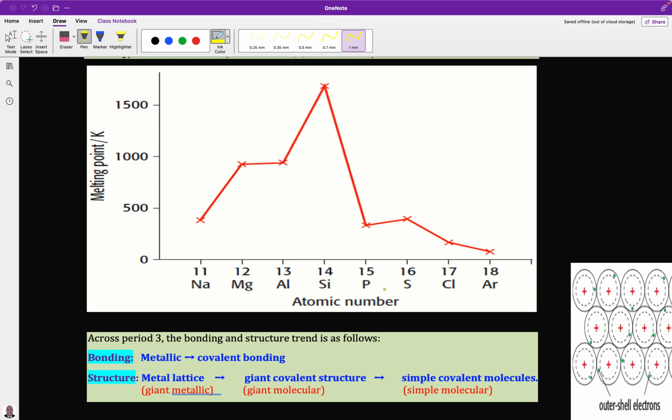So the boiling point will increase from sodium to magnesium and to aluminum due to increasing number of delocalized electrons, telling you that aluminum has a higher boiling point than magnesium, and magnesium has a higher boiling point than sodium. The reason is that each aluminum atom will donate 3 electrons and form an aluminum 3 plus ion.